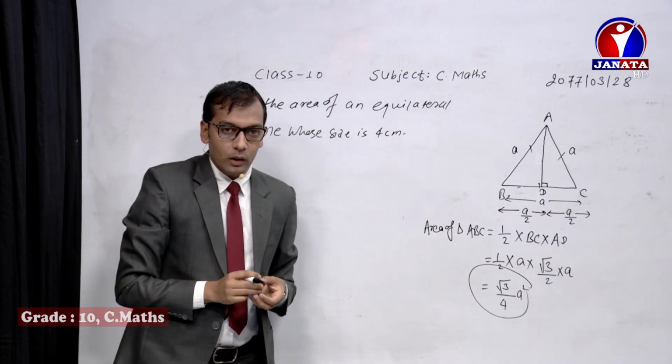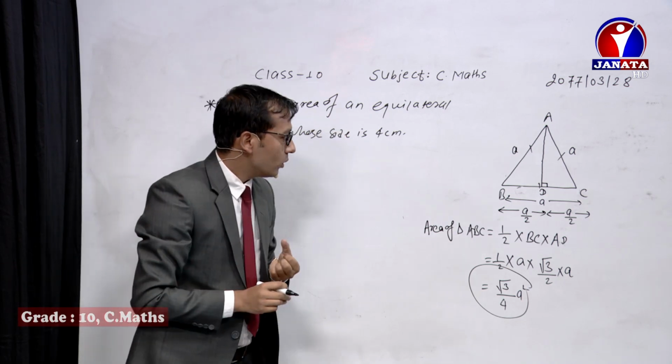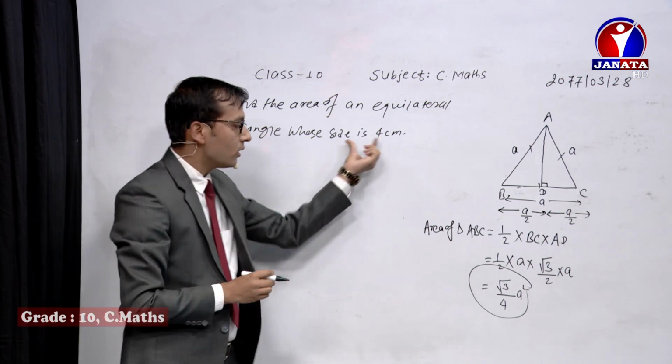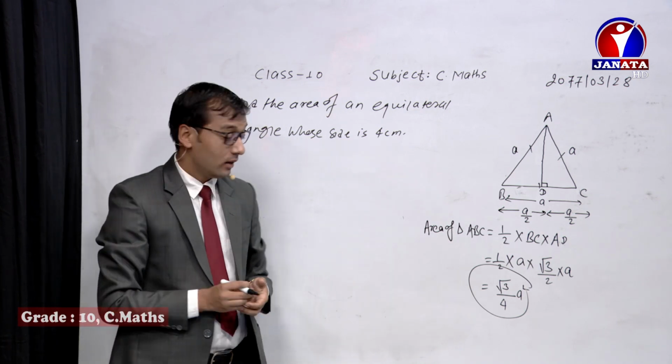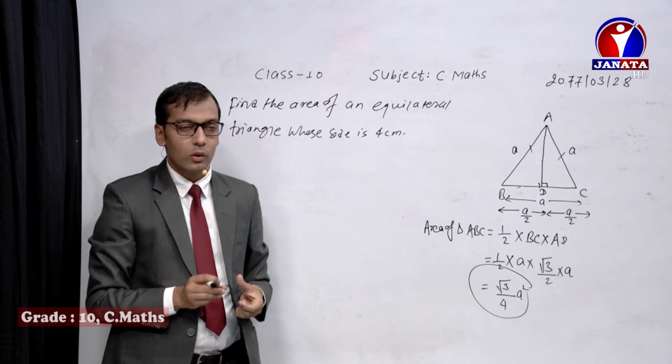So this is the example. Means 4 centimeter is the length of the side of a triangle. Its sides are the same, because in an equilateral triangle its sides are equal in length.